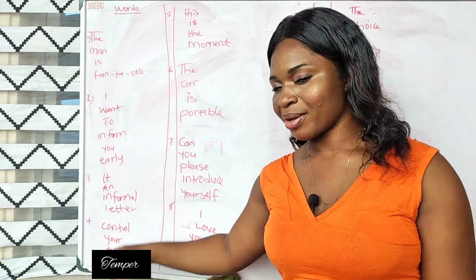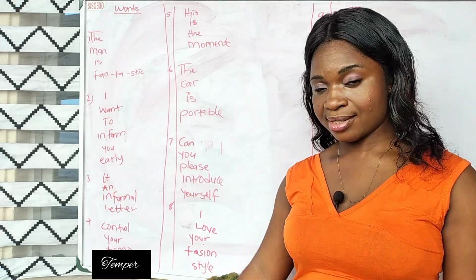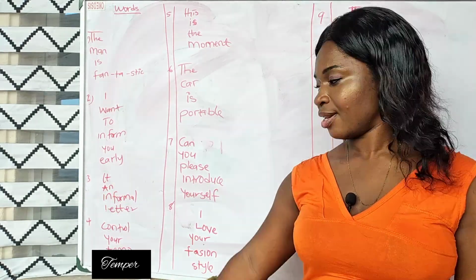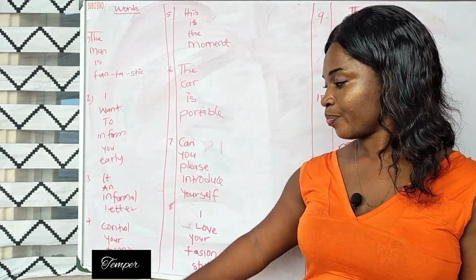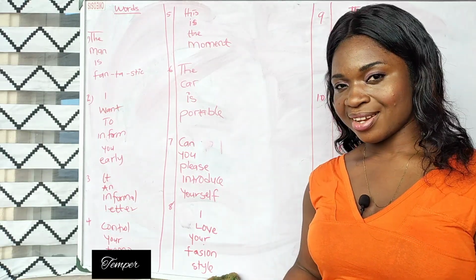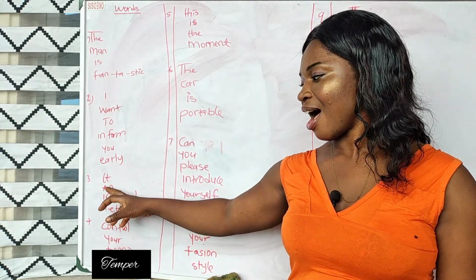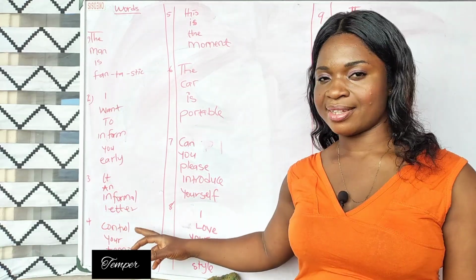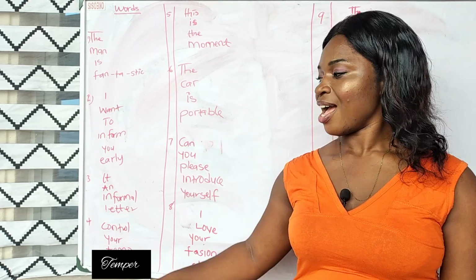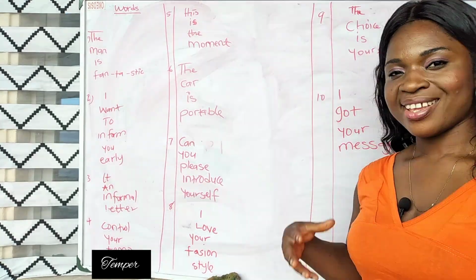Now let's go to number 3. I have words like it, an, informal, letter. Put together as a sentence, I have: it's an informal letter. It's now a sentence. I use the words to form a sentence. Are we good?